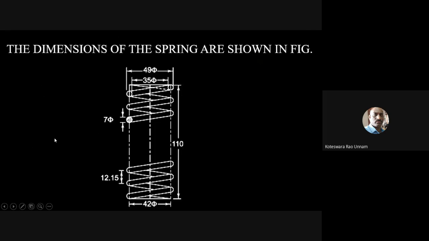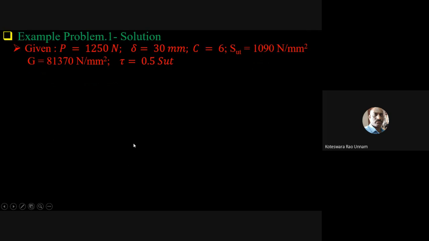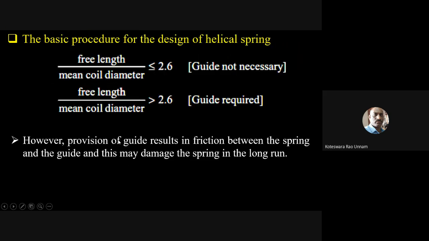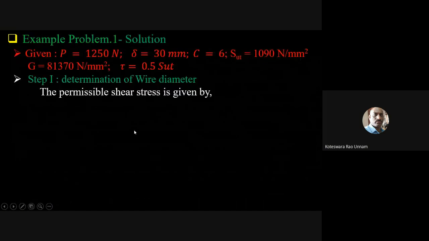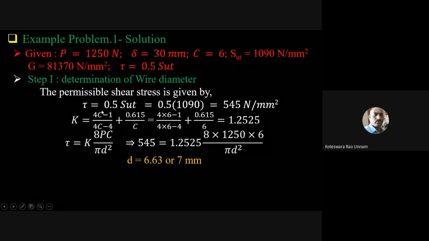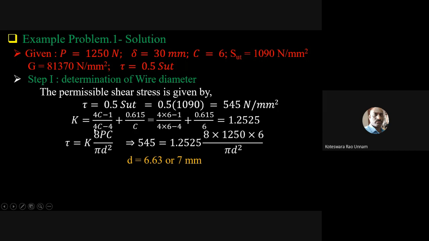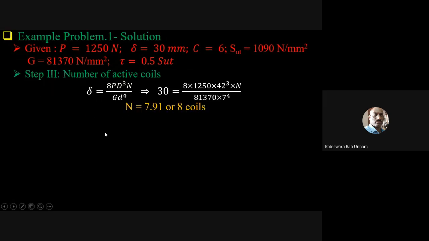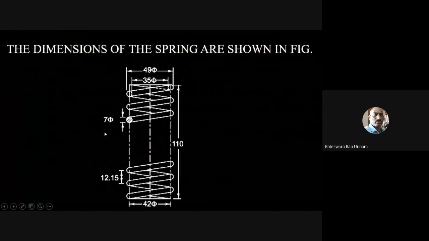So what is the formula for K? As in the previous problem, this is the formula for K: 4C minus 1 divided by 4C minus 4, plus 0.615 by C. That means to compute this K value, I require C. But in the problem data, he has not given the C value.